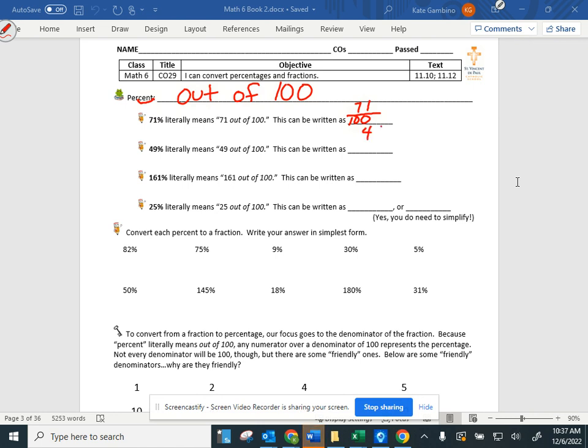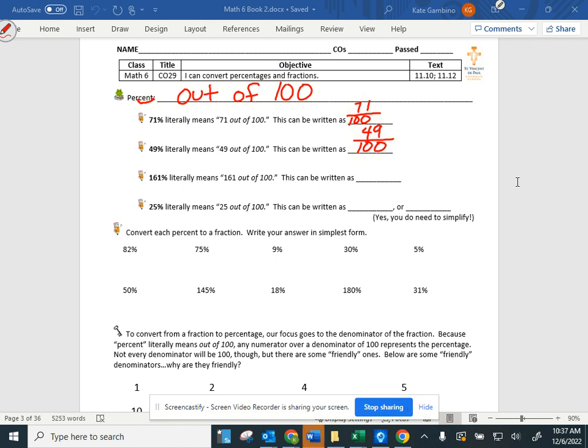So this can be written as 49 out of 100. So that fraction bar we can see as those words out of. 49 100ths, 49 out of 100.